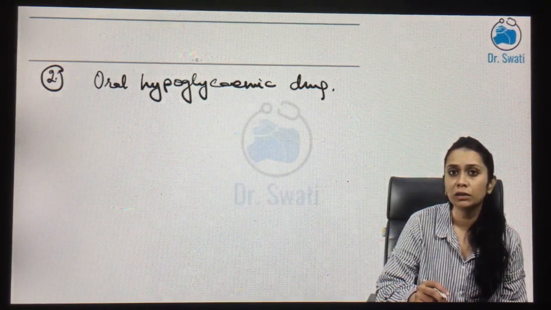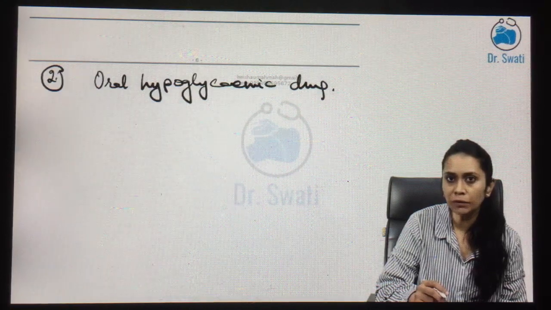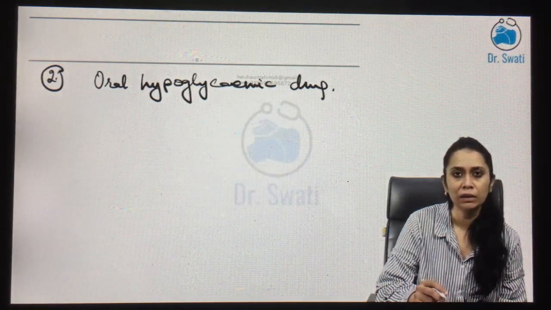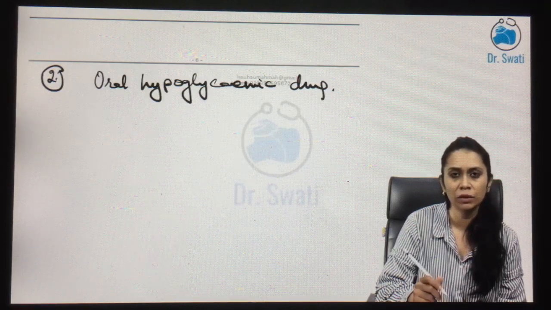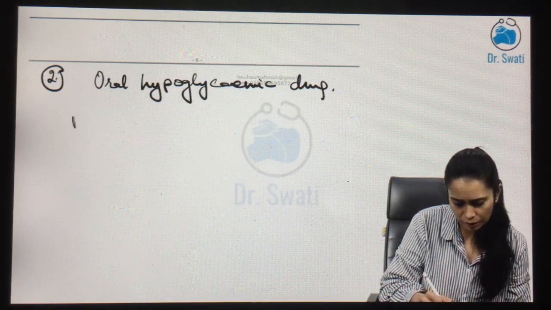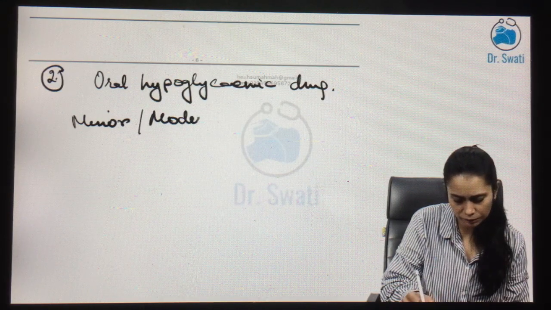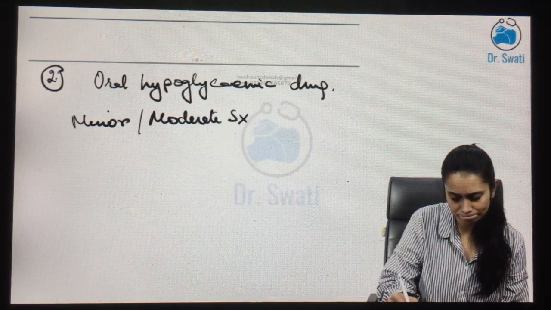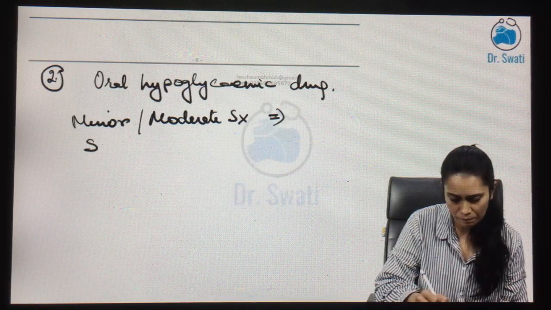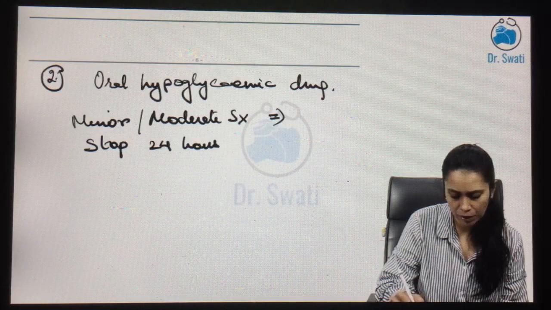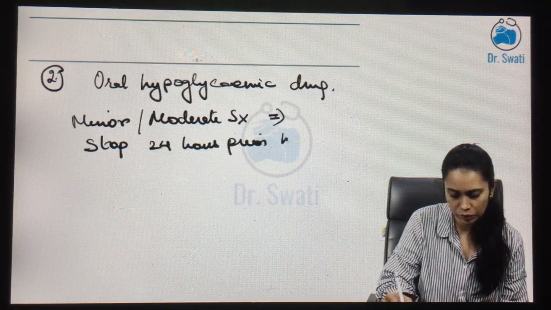And for major surgery, we have to stop them, of course, but we have to keep the patient on insulin and monitor his blood sugar level, right? So, minor, moderate surgery, stop 24 hours prior to surgery.